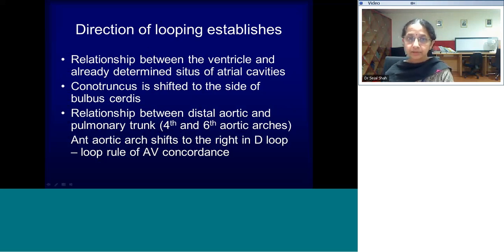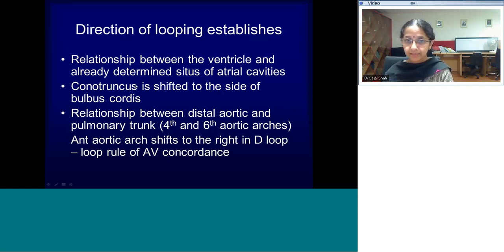Second important thing is the conotruncus is shifted to the side of bulbus cordis. So it goes along with the bulbus cordis. And the third is the relationship between the distal aortic and the pulmonary trunk is also established. How? The anterior aortic arch is shifting to the right side in the D-looped ventricles.